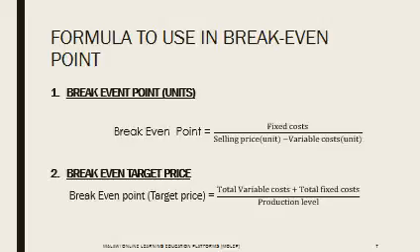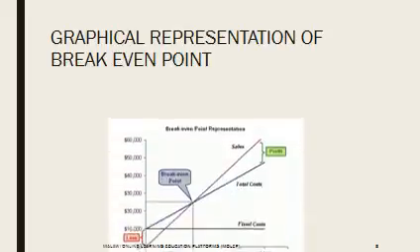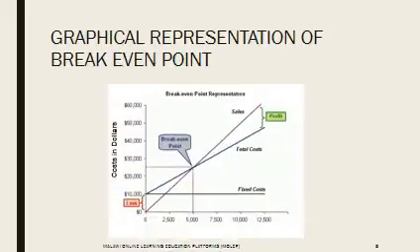Break-even point in terms of units, amount, and the break-even point in terms of price. Now let us look at the graphical representation of the break-even point. So here is our graph, and the axis is cost in dollars and output. You see that point labeled as break-even point. At that point, you don't make profits or losses. So in an exam, they can even ask you what is the break-even point in terms of the output.